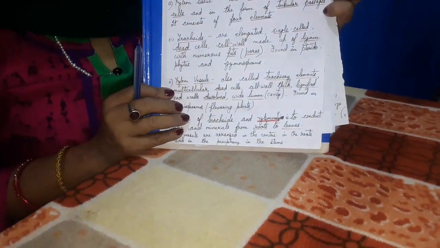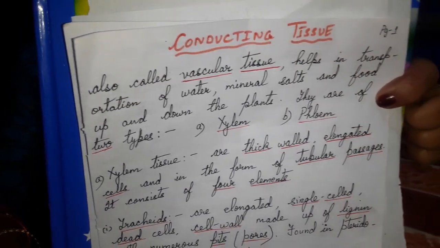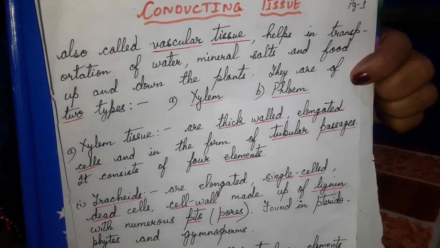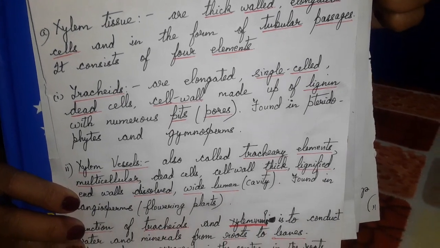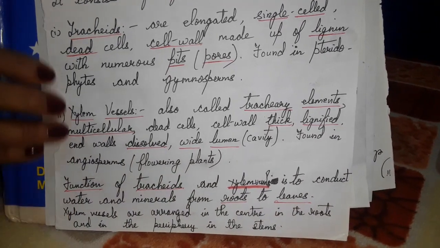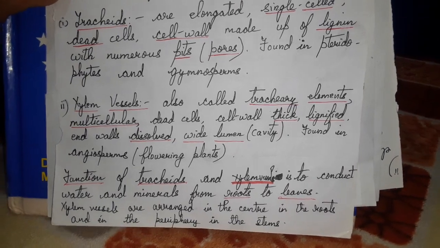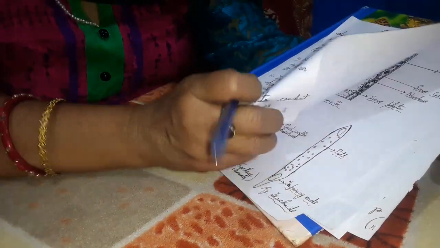You have the conducting tissue, also known as vascular tissue. They are also complex tissue.